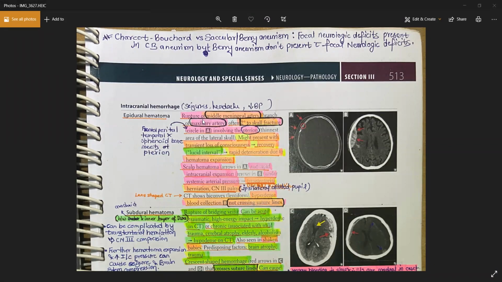Does anyone remember from where this middle meningeal artery enters my skull or my cranium? Which foramen?